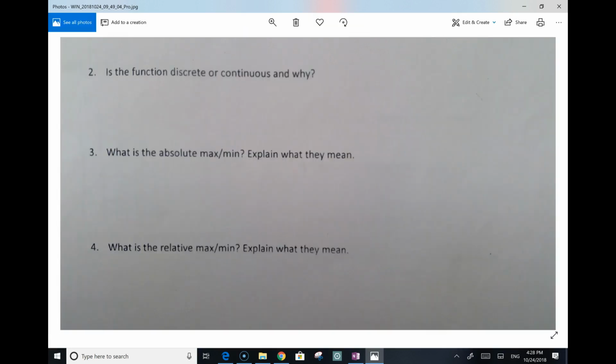All right, let's look at question number 2. These following questions are all based on the graph that we were looking at a moment ago, and I'll go back to that. But the question in number 2 is, is a function discrete or is it continuous, and why?